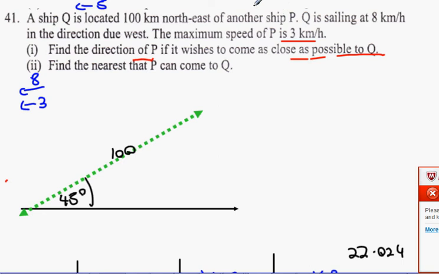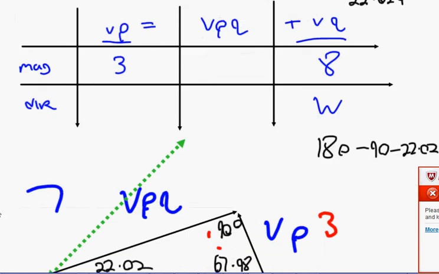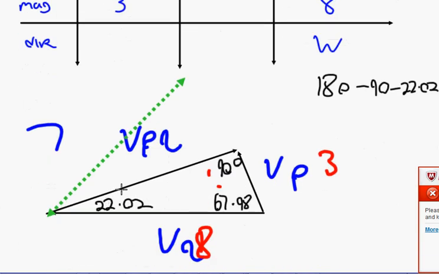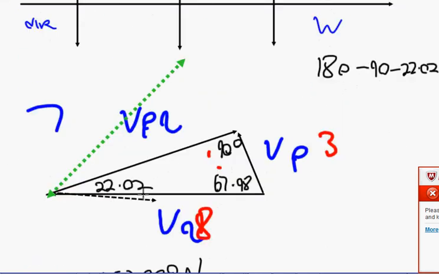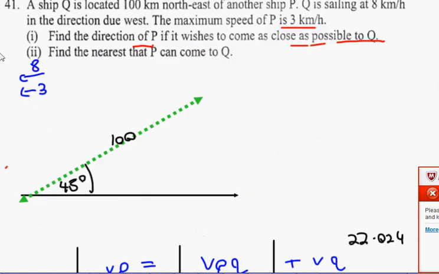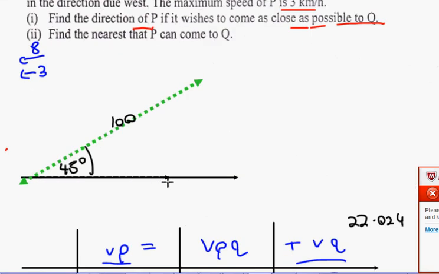Now I'm going to do the direction of P relative to Q. P relative to Q goes 22.02 degrees from the flat part, so it goes 22.02 degrees upwards.